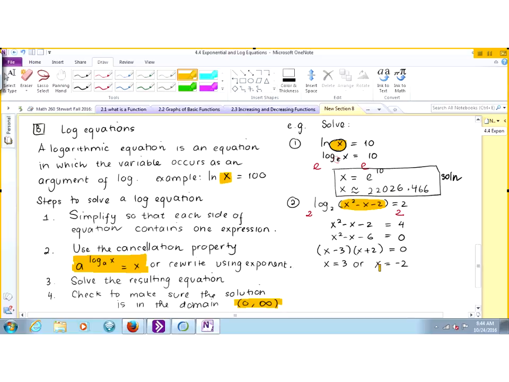So when I put the 3 in here, is it positive? Yes. What about here? When I put negative 2 here, is it positive also? So let's see. It's negative 2 squared minus negative 2 minus 2. So what is this? 4 plus 2 minus 2. Is it positive? Yes, so both are solutions.